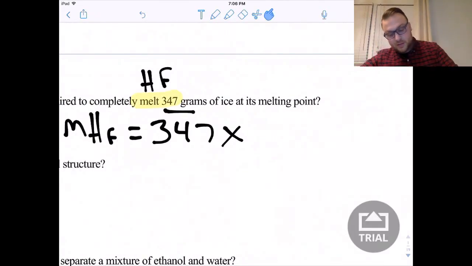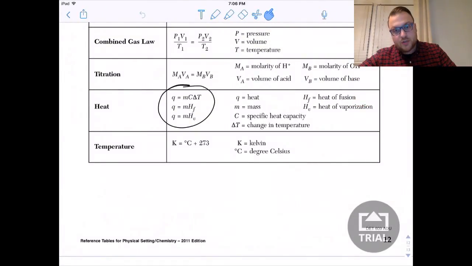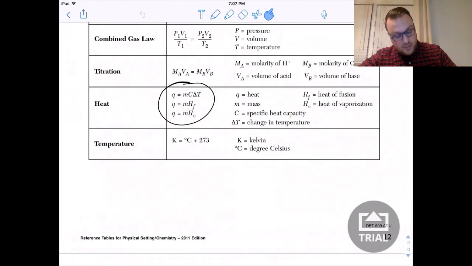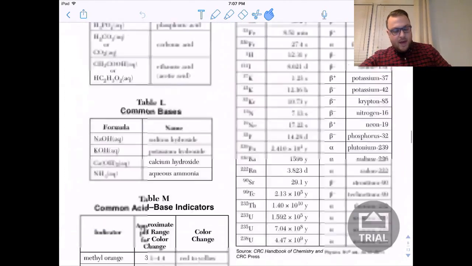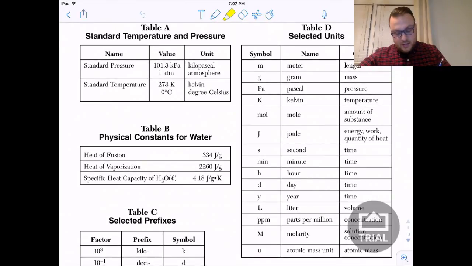Which again is something you don't need to memorize. If you go back to the reference table, we know we're using this equation right here, Q equals mHf. If you go all the way back to the front, all these physical constants for water, Table B, is everything involving those heat equations. We got HF here, which is for your melting. We got HV here, which is for boiling.